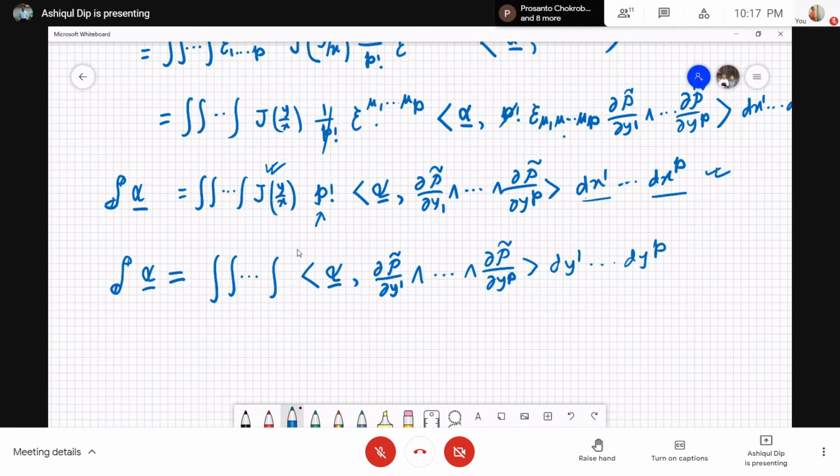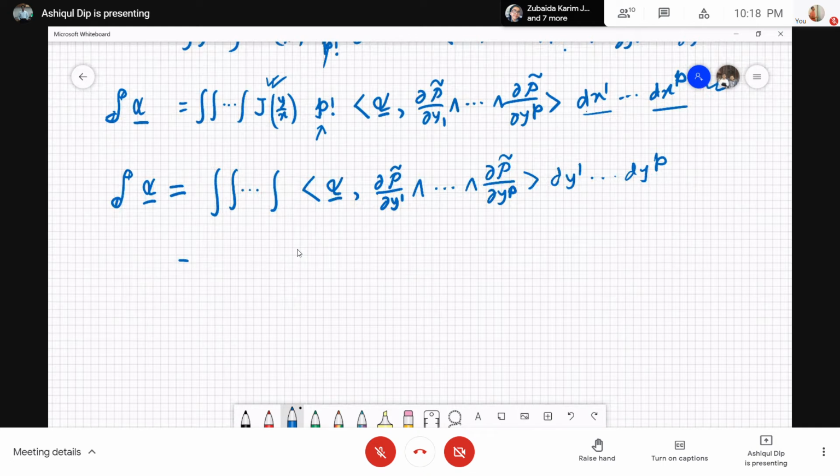In y coordinate, actually we should start with x coordinate again. I think it works.